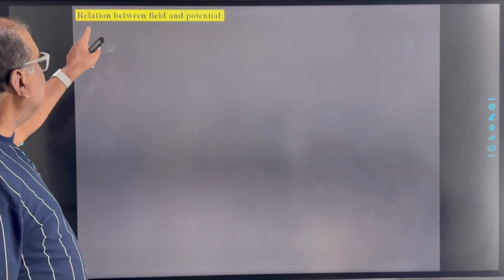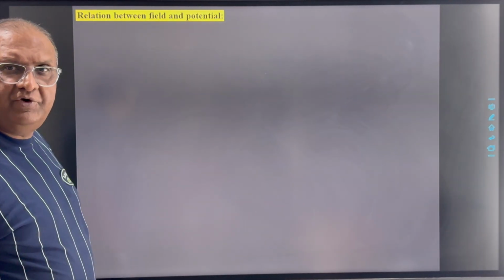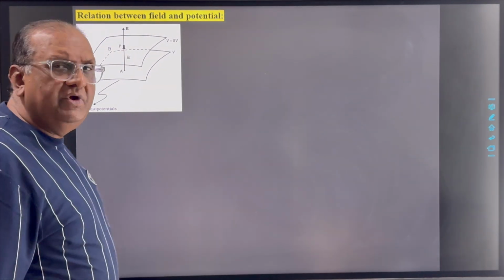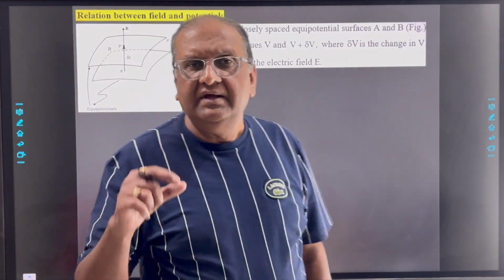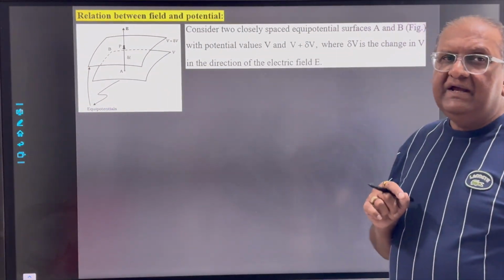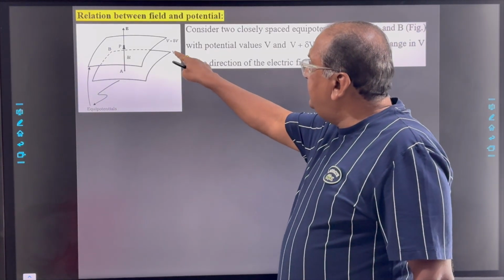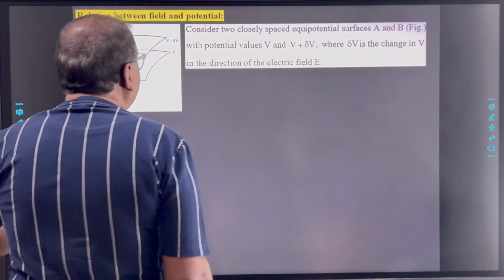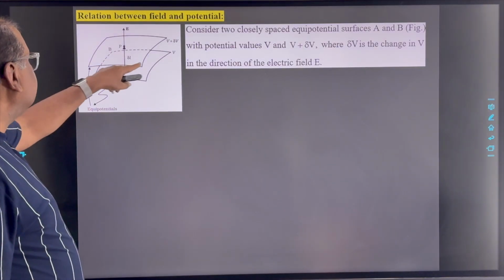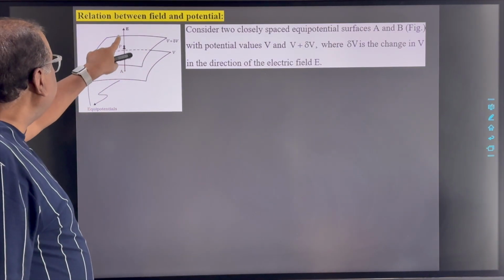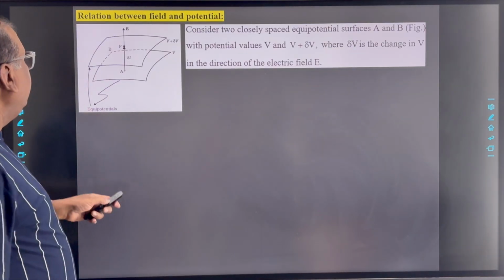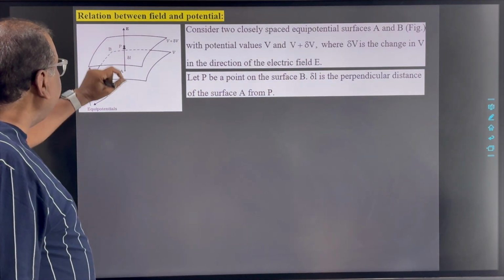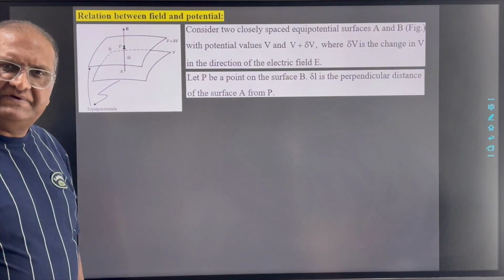Now the next topic is the relation between field and potential. Suppose we consider two equipotential surfaces close to each other having potentials V and V plus delta V. So here delta V is the potential difference, or we can say the change in V in the direction of the electric field. Here delta L is the perpendicular distance between these two equipotential surfaces.